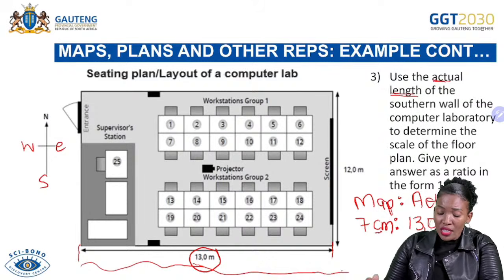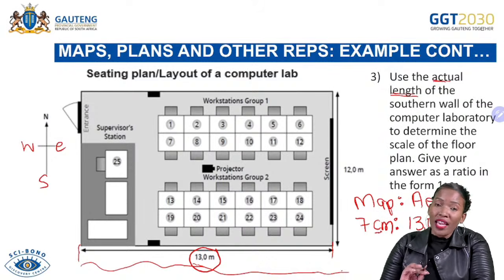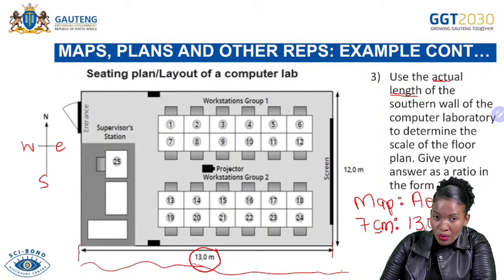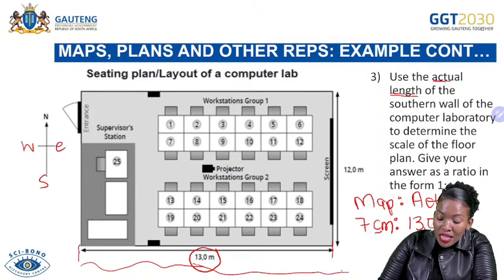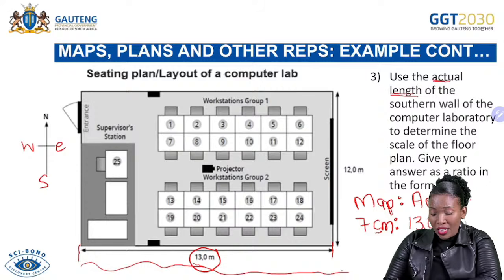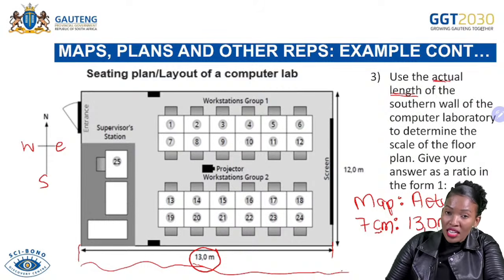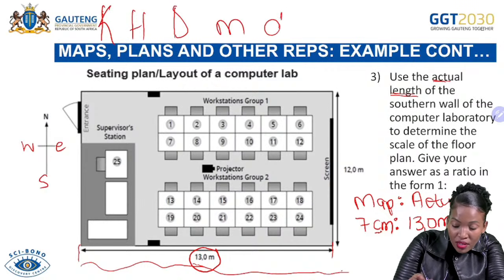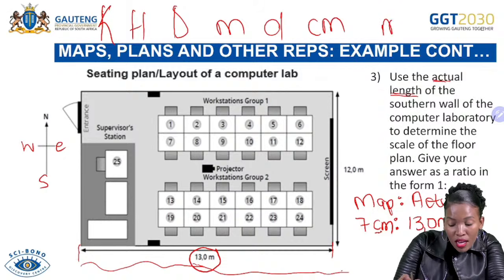So I'm going to tell you this, guys. I always prefer to convert a larger unit to a smaller unit. So I am going to convert my meters to centimeters. A quick recap again. How do we convert from meters to centimeters? We say King Henry died, miserable death, cold, measles.